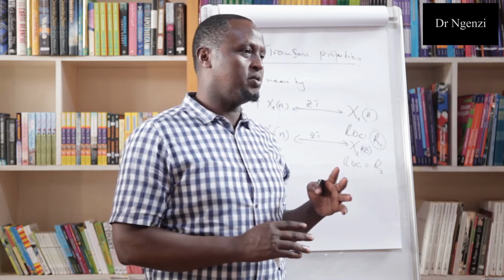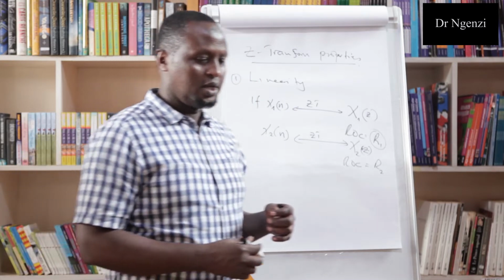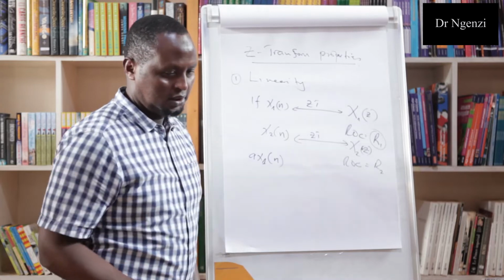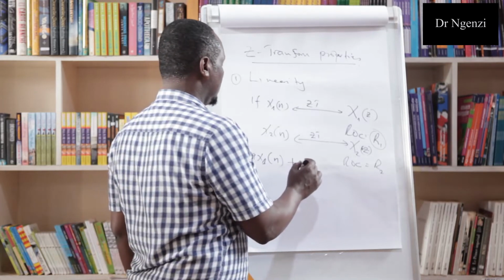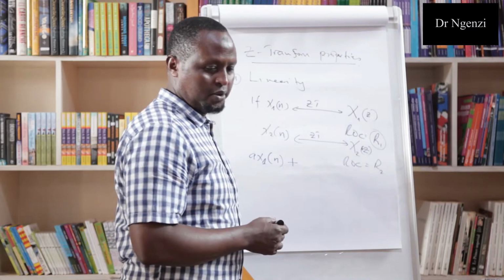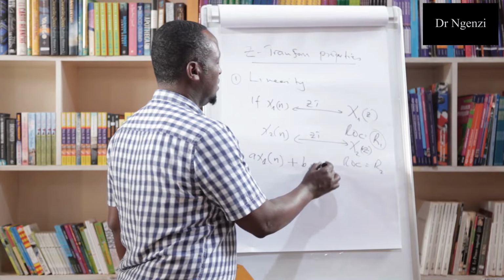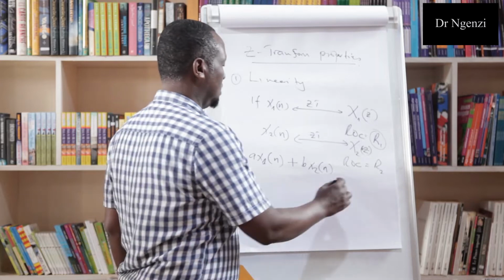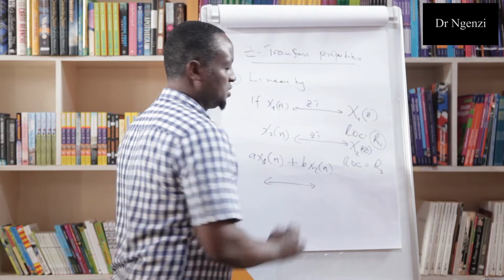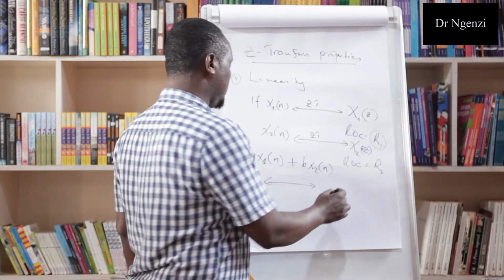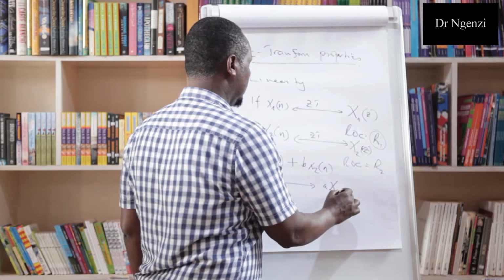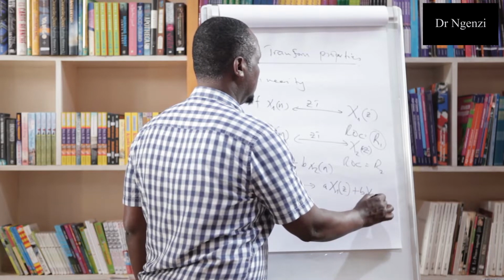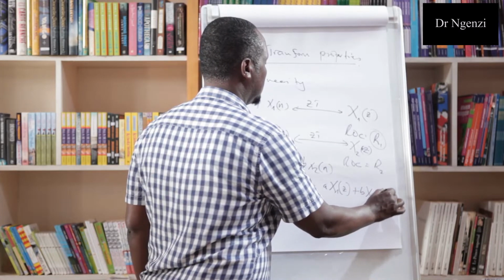For example, if we have a x1 of n plus b x2 of n, to convert it into the Z transform, the transform is going to be the corresponding sides: a X1 of z plus b X2 of z.